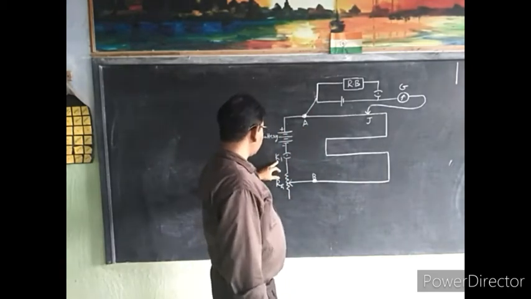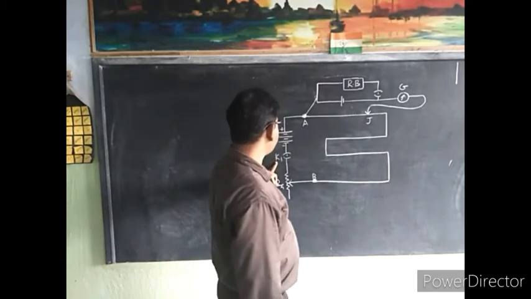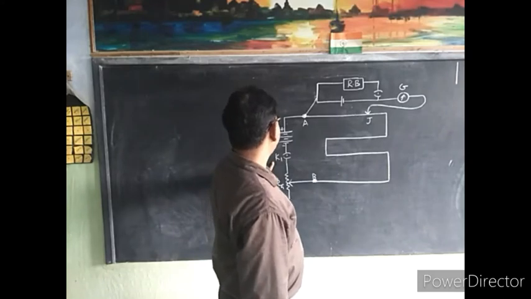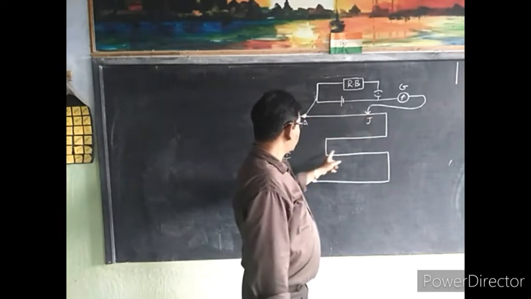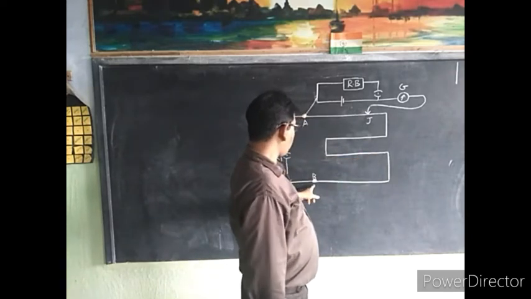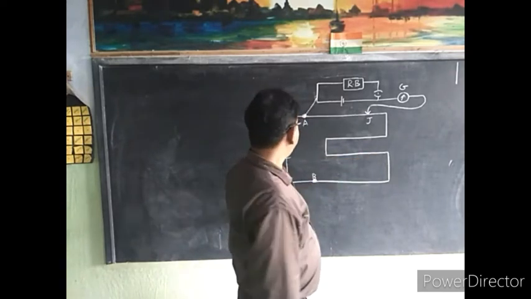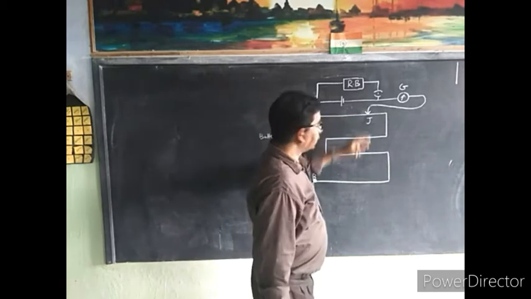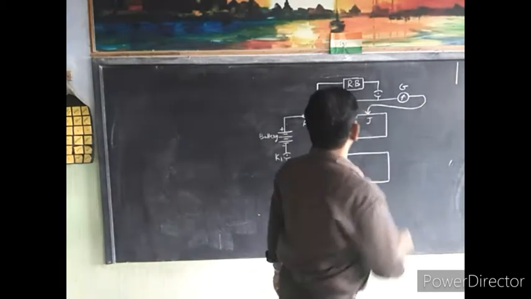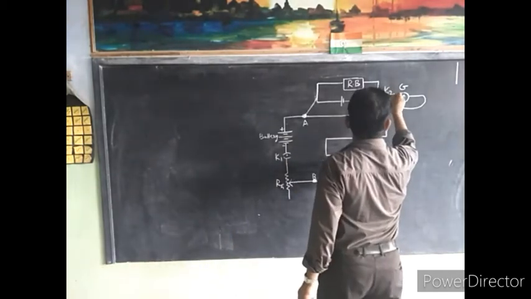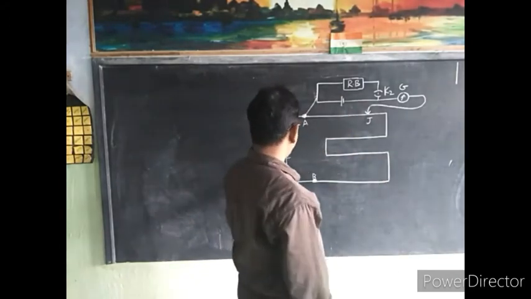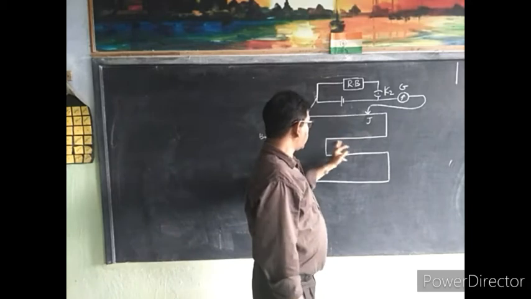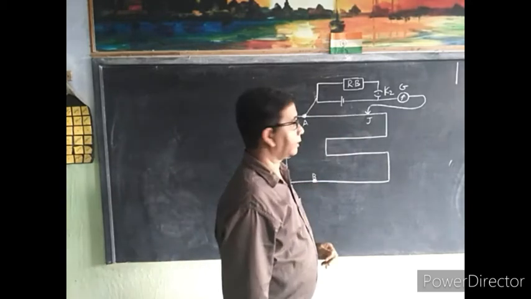Close the key K1, then constant current flows through the potentiometer wire AB. With K2 open, search the balancing length along the wire.